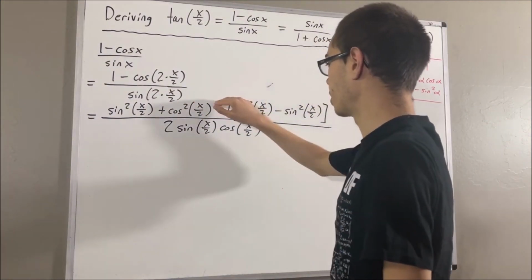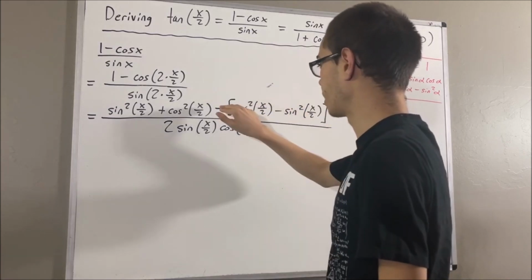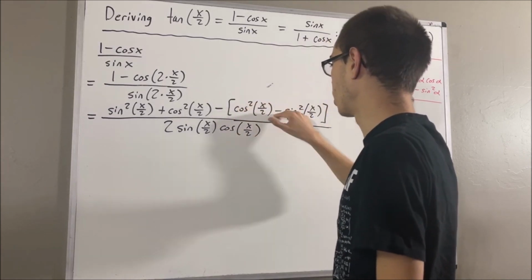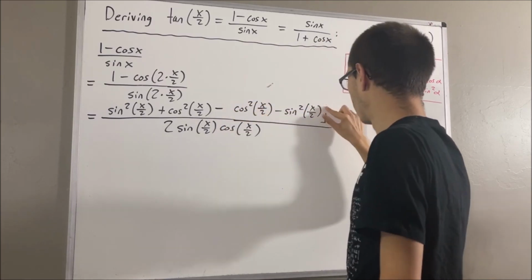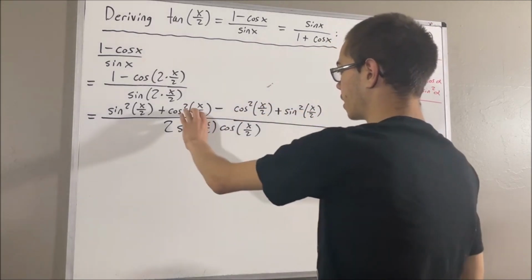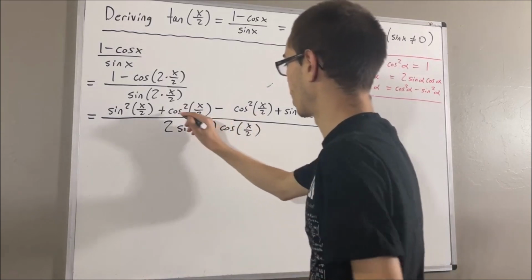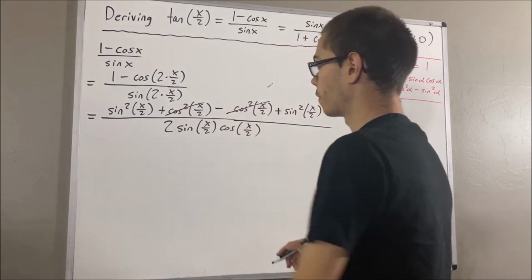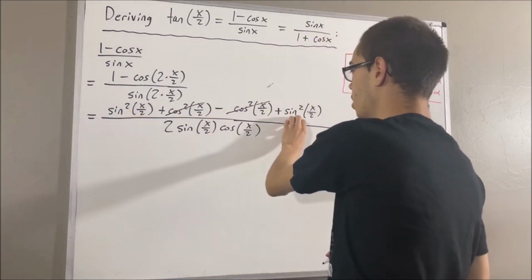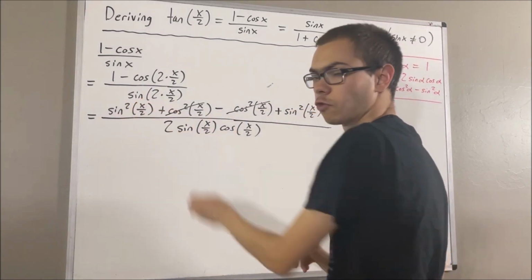And now, if we distribute the minus sign across this parentheses, we get minus cosine squared and plus sine squared. Now we see that cosine squared minus cosine squared goes away, and we're left with sine squared plus sine squared. That leaves us with 2 sine squared of x over 2 in the numerator.